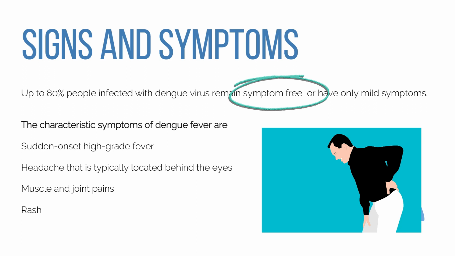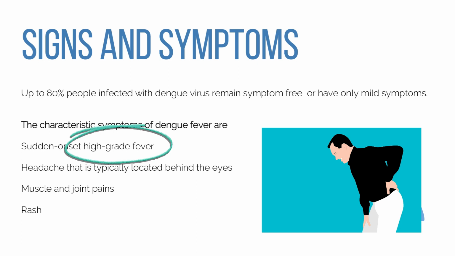Up to 80% of people infected with dengue virus remain symptom-free or have only mild symptoms. The characteristic symptoms of dengue fever are sudden onset of high-grade fever, headache that is typically located behind the eyes, muscle and joint pains, and rash.